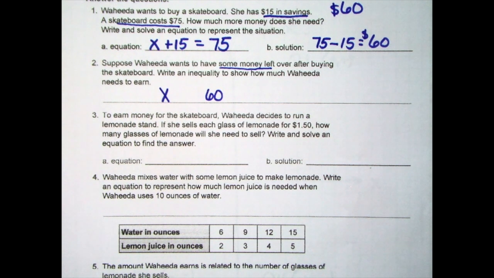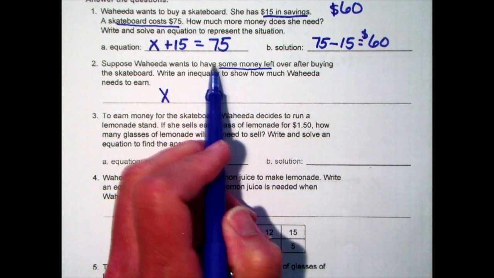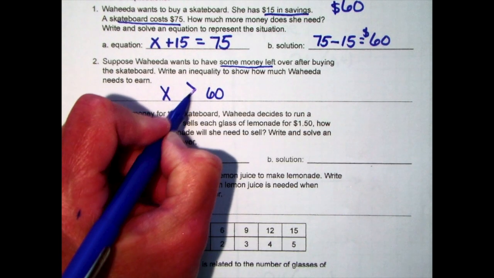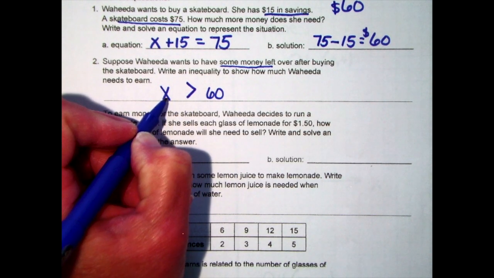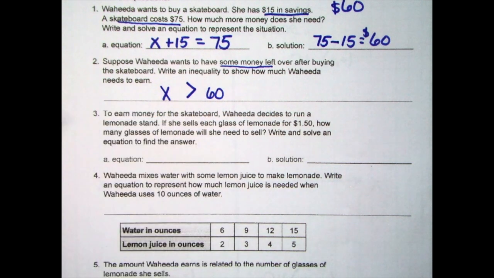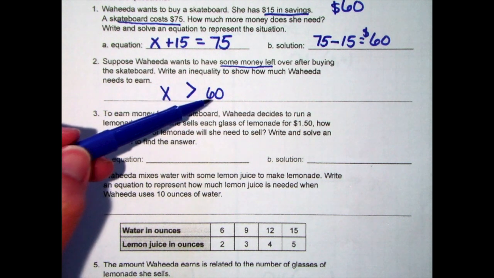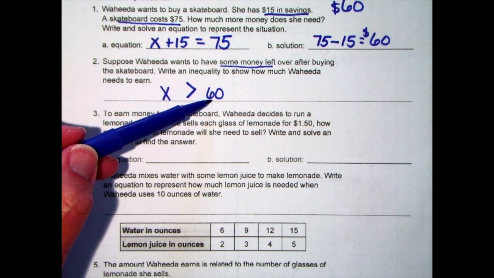But because it says that she wants to have some money left, then our X has to be greater than 60 because she wants to have money left over after she buys her skateboard. If she just had $60, then she would not be able to have any money left over.